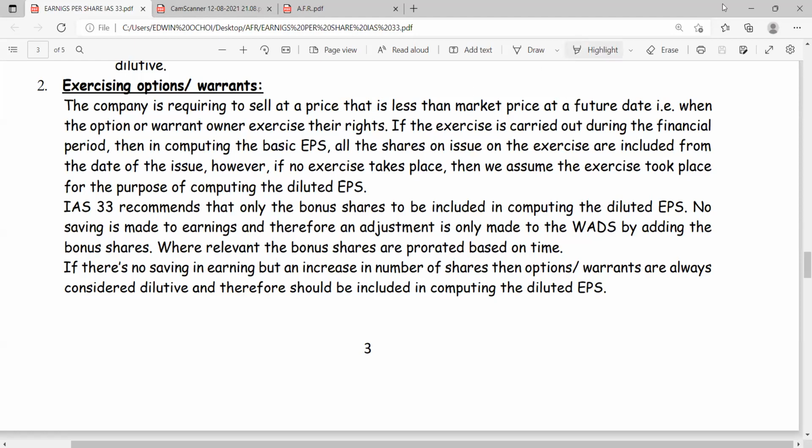IAS 33 recommends that we only record the bonus shares in computing diluted EPS.